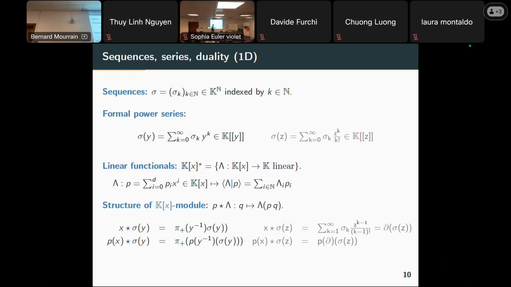And there, it's a derivation. We replace the variable x by the derivation with respect to z, and we apply it. So this is a differential polynomial applied to sigma, which is this one.